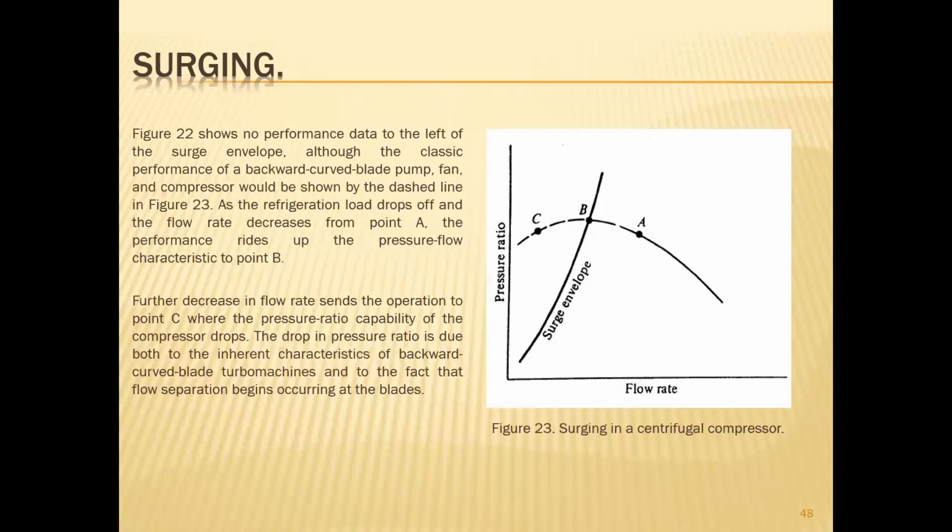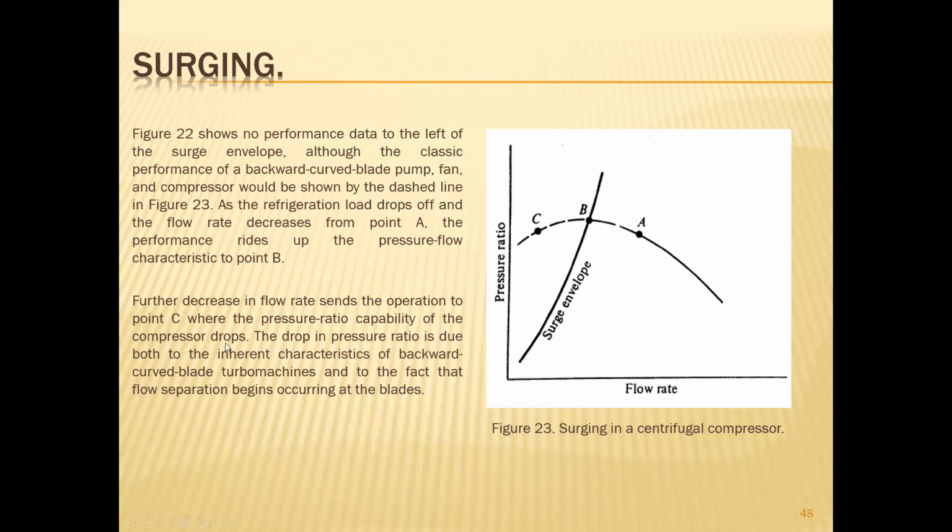Next, surging. Figure 22 shows no performance to the left of the surge envelope, although the classic performance of backward curve blade pump, fan, and compressor would be shown by the dashed line in figure 23. As the refrigeration load drops off and the flow rate decreases from point A, the performance rises up the pressure flow characteristic to point B. Further decrease in flow rate sends the operation to point C where the pressure ratio capability of the compressor drops.